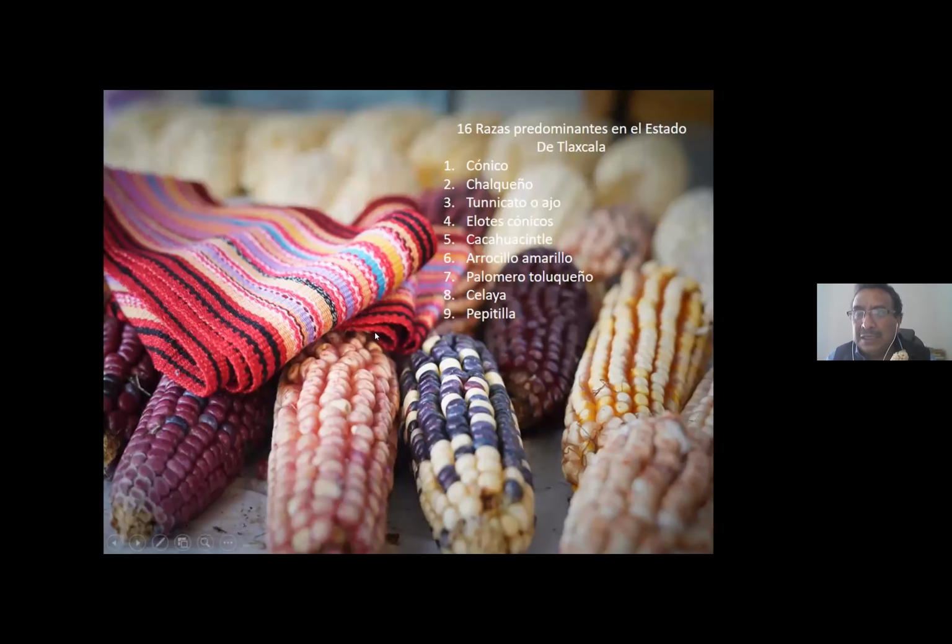So this is something we're proud of, that in Mexico we have around 59 to 60 breeds of corn. This is our heritage from the generations of campesinos and indigenous peoples who over the last 9 or 10,000 years have been caring for and protecting the corn.